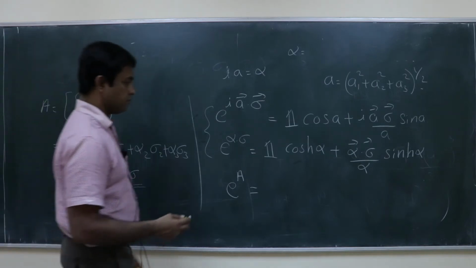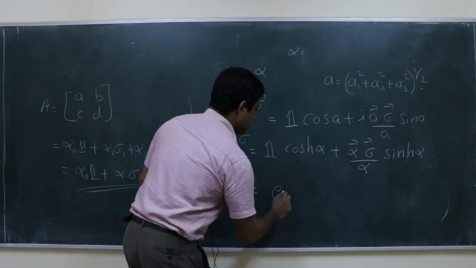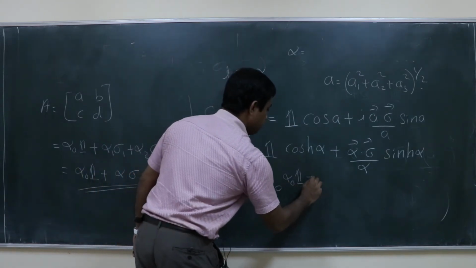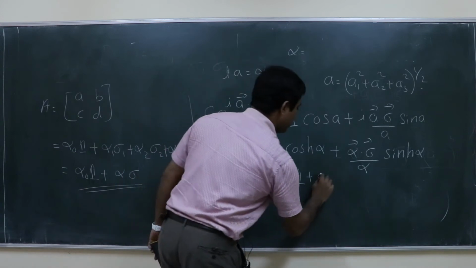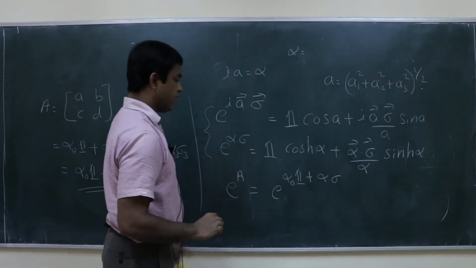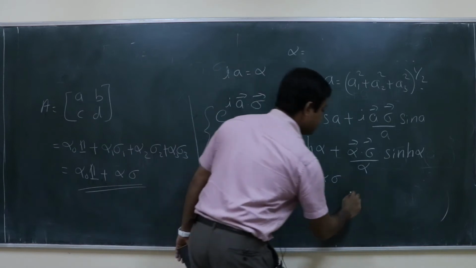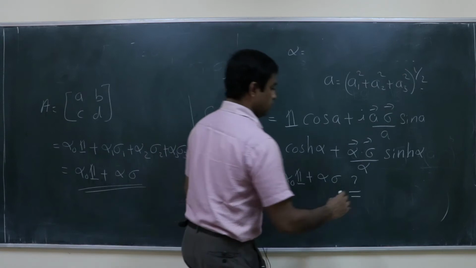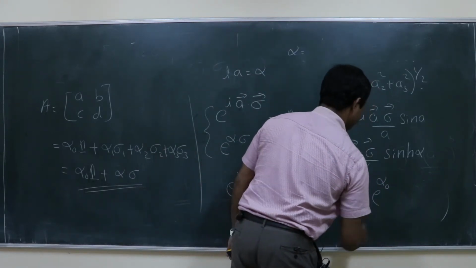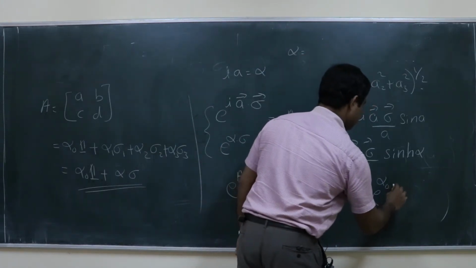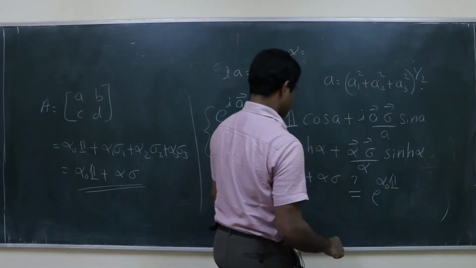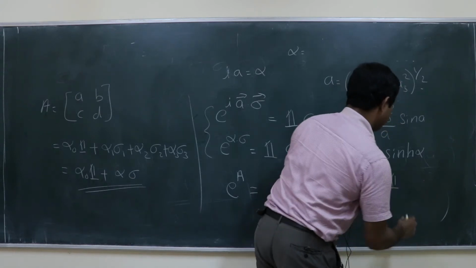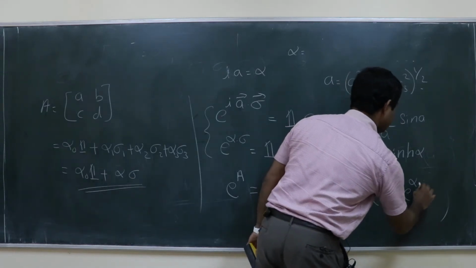The question is whether I can write e power (alpha 0 I plus alpha dot sigma) as e power alpha 0 I multiplied with e power alpha dot sigma.